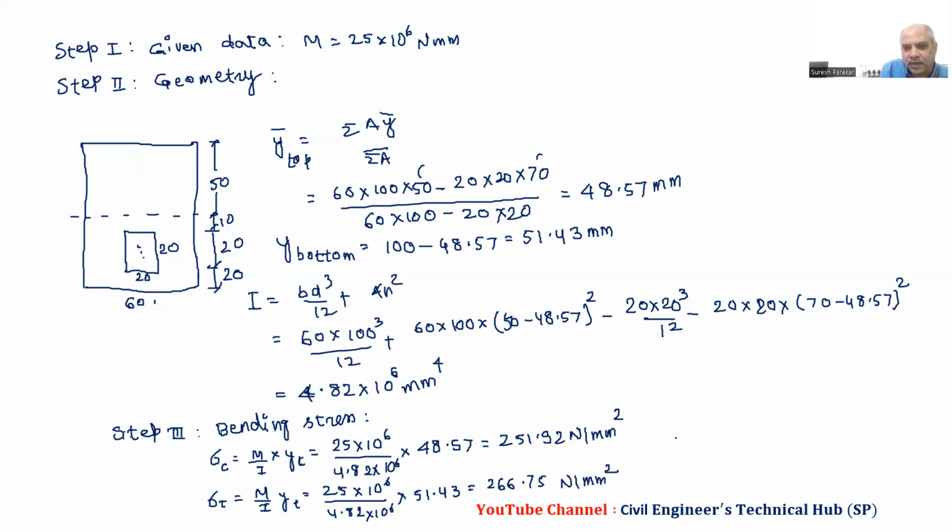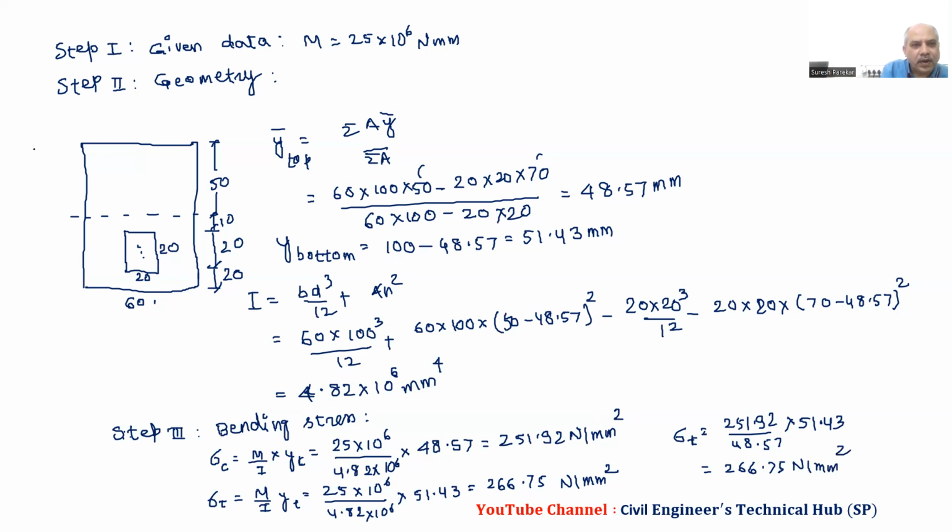You can find sigma T in this fashion also, which is sigma C upon 48.57 multiplied by 51.43. Then also you will get the same answer, sigma tension 266.75 Newton per mm square.